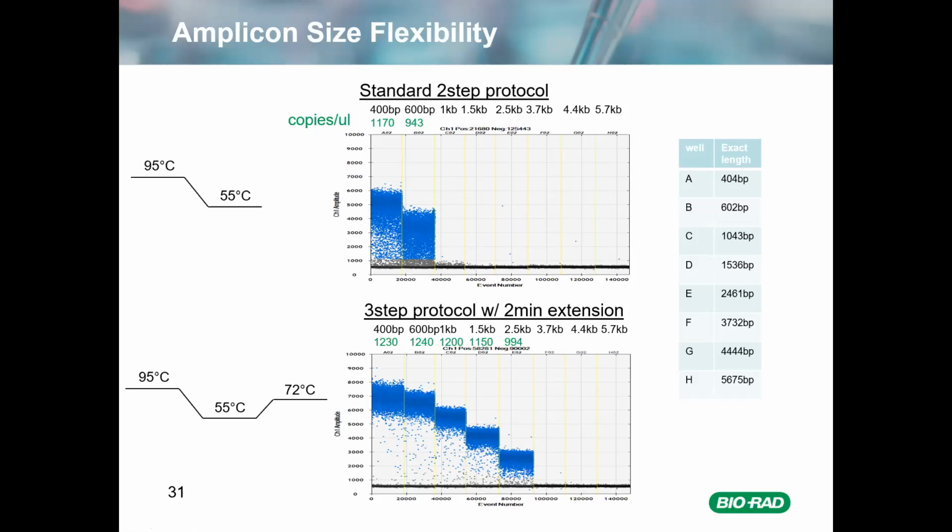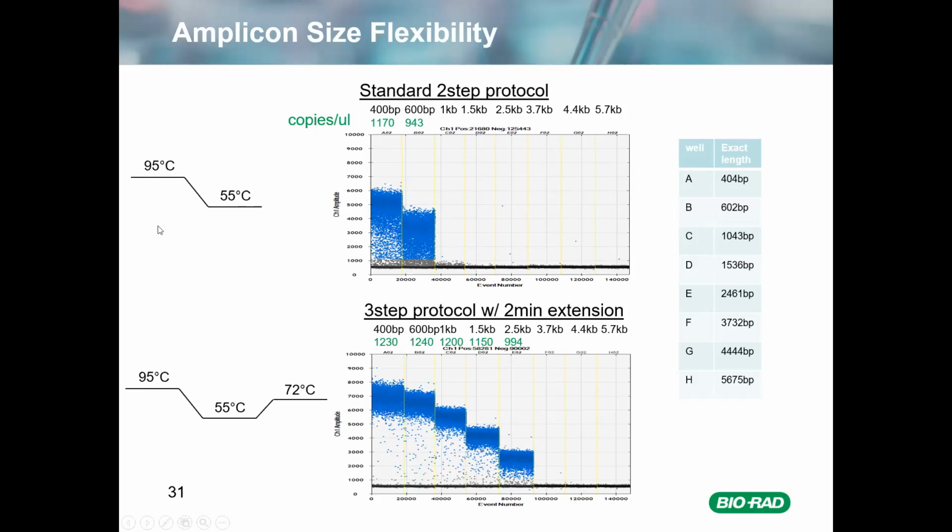But because we are doing endpoint amplification, that gives us flexibility when it comes to modifying the thermal cycling protocol. In the standard two-step, where we're going between 95 and let's say 50 degrees, and doing this 40 times to amplify our product, we can instead design a three-step protocol where we do 95 degrees, then 55, then 72.